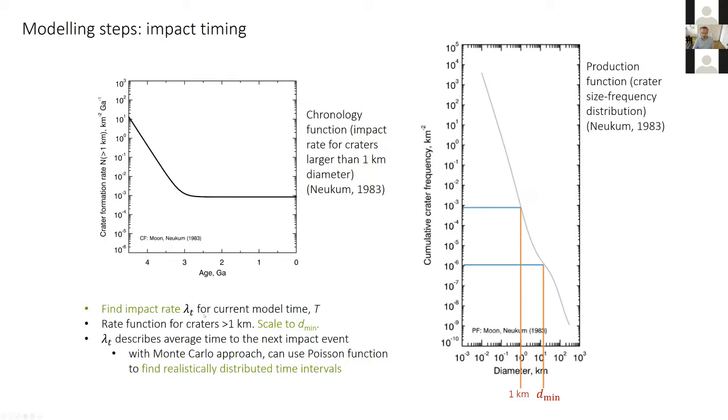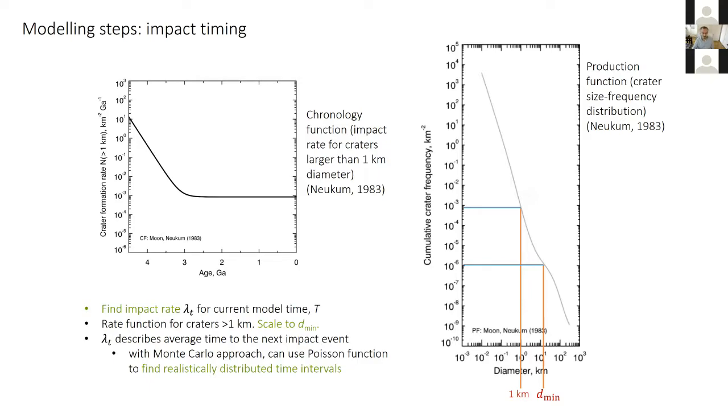So we've chosen a particular minimum size of crater to simulate, and we can use this rate function to look up the impact rate at a given time. We have to rescale it to the size of crater that we are working with. That's this d min, and we can do that by looking at the 1 kilometer size on here and the d min size on here, and looking at the ratio between the two values to rescale this rate function.